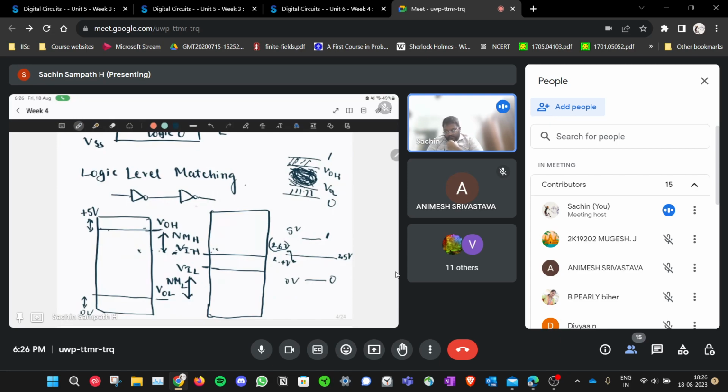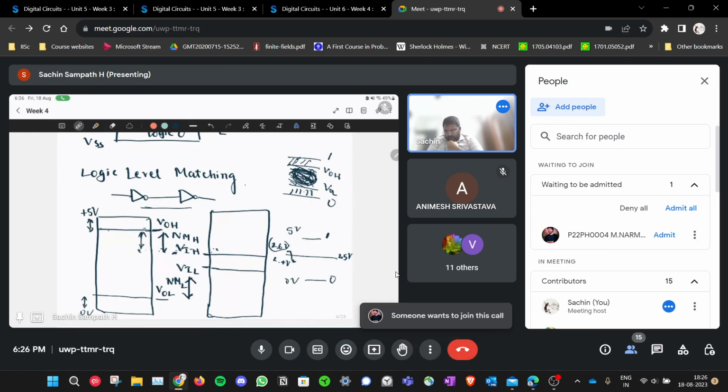So when you consider two of them like this in a cascade, then there is some difference here, right? So why is this difference useful? Suppose due to some noise, the actual voltage that you got, instead of being at 5 volts, or somewhere here, dropped to this level.